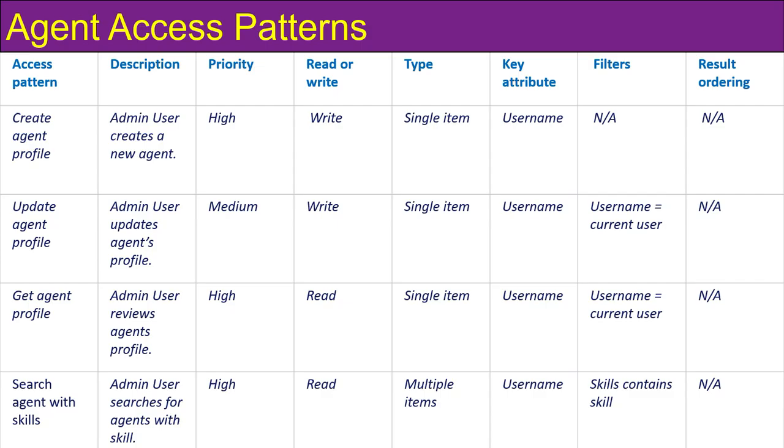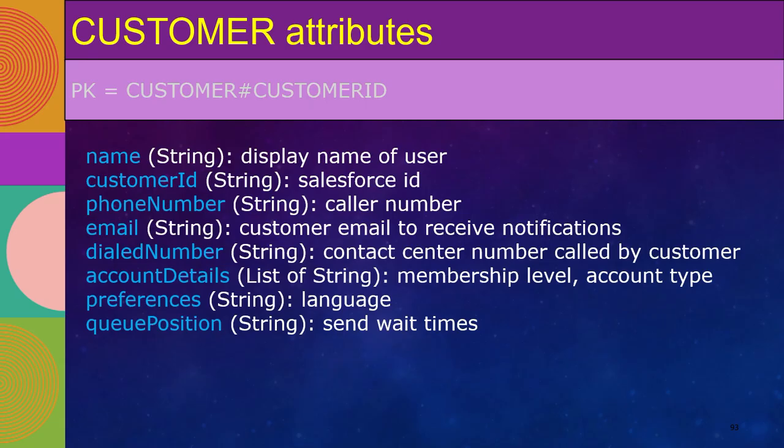Just keep that in mind as well. If I create a read-only table that represents global settings or something like that, then I would look at the different attributes that I would query on, and I would list those access patterns appropriately.